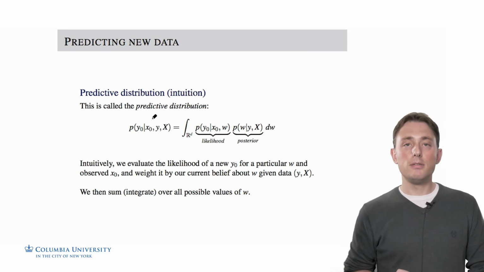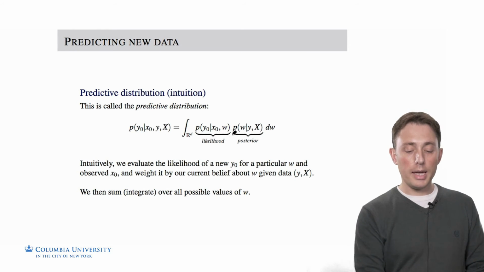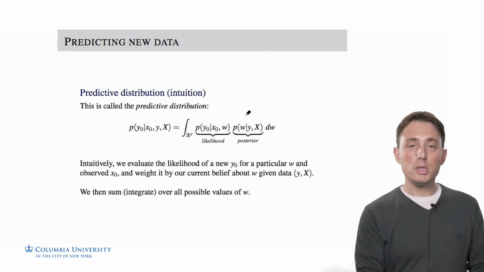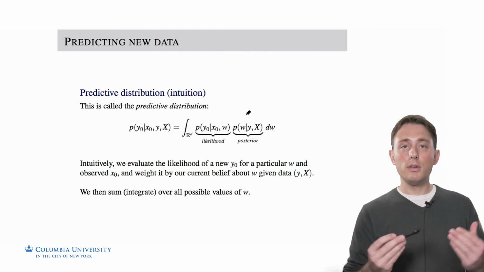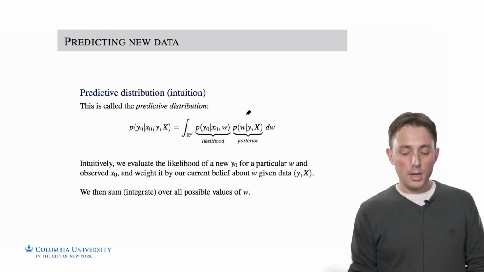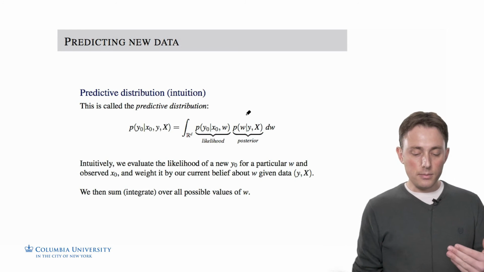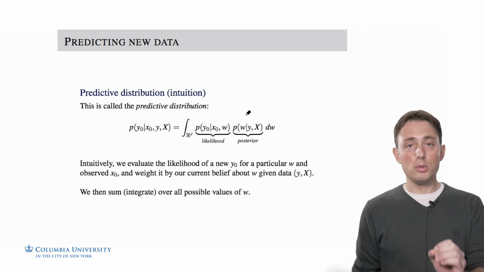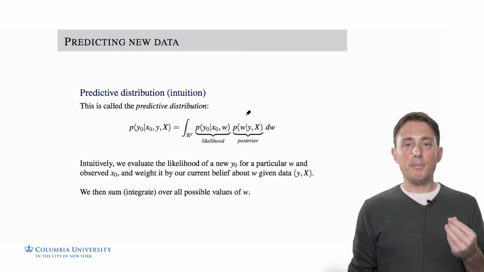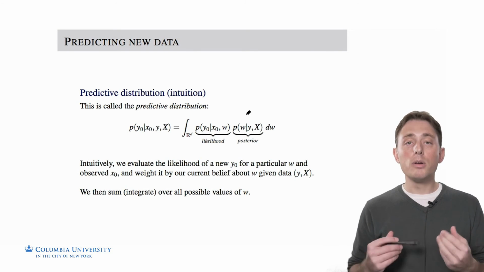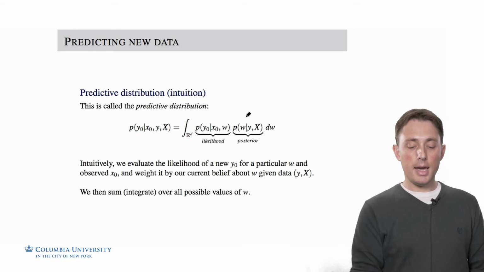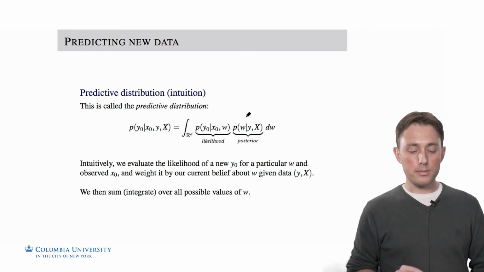And we represent the predictive distribution as a marginal over the likelihood of the new data given model variables times the posterior distribution of those model variables given the old data. And so intuitively what we're doing is we're evaluating the likelihood of something new for a particular model variable w, and then we're weighting that particular model variable by our current belief of what we think is going on with w as represented in our posterior distribution.